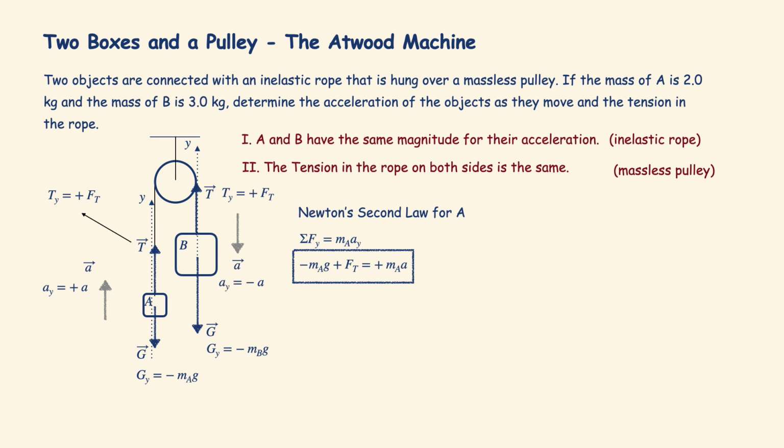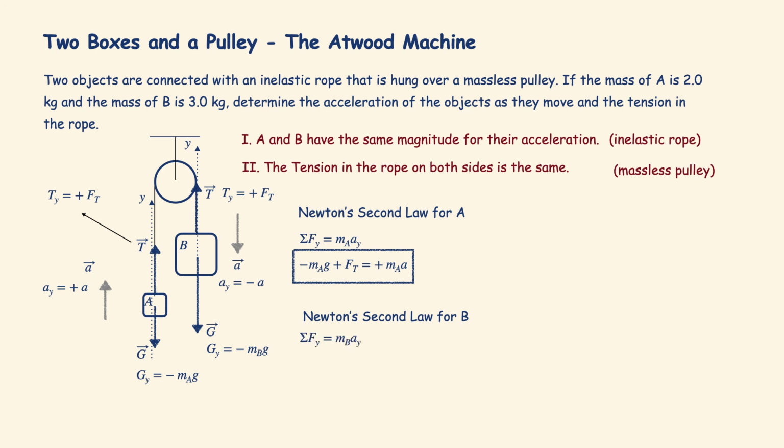Notice that here, because my positive choice is upward, but the acceleration of the heavier object is downwards, its y component is actually negative. And that is how I have to treat it in my equations when I go to Newton's second law for the object B and add all the y components.